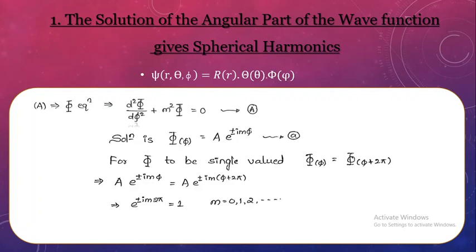So in place of theta, if you put the value 2 pi m, we can find when this condition is valid. The exponential term will be equal to 1 only when m takes the value 0, 1, 2, 3, and so on. So here we define this m as the magnetic quantum number.